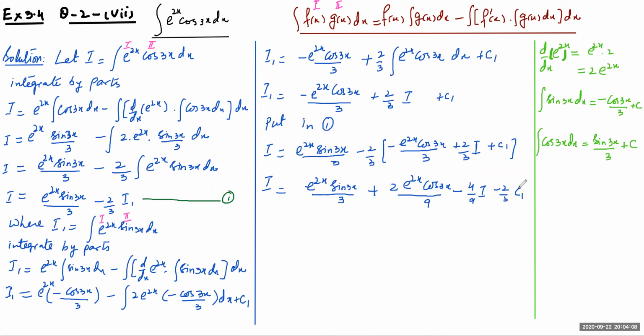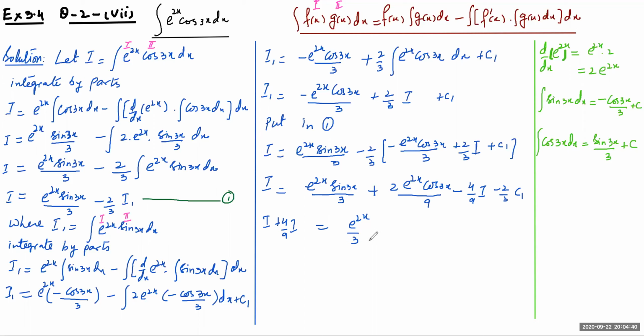Now what do I do? I'm going to bring this minus 4 by 9 I over to this side. As a result, I'm going to get I plus 4 by 9 I here. And on this side, what do I have? On this side, I have e^(2x) sin 3x by 3 plus 2 times e^(2x) cos 3x by 3. So I think I can take something common. What can I take common? I can take e^(2x) common. I can take 1 by 3 common.